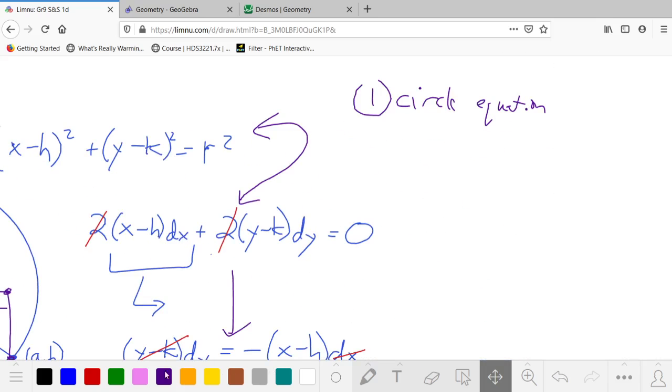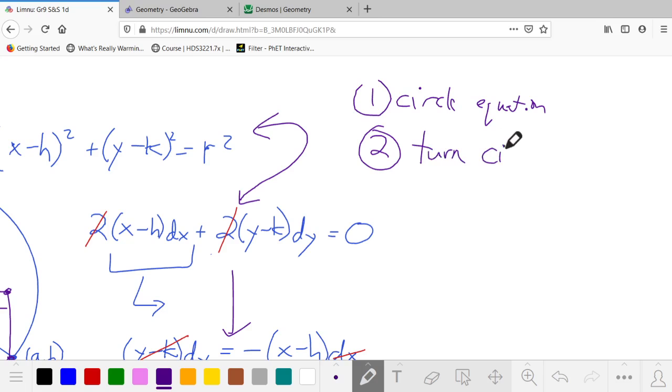So the circle equation is one thing that we would have to pull from conics, which are not part of Alberta's curriculum. The second piece that we need to do this is how to turn the circle equation into a slope.